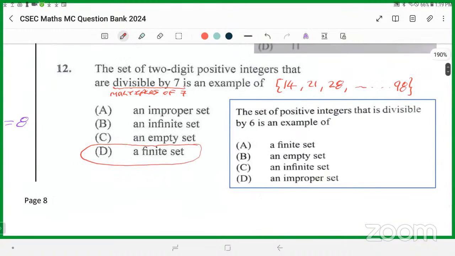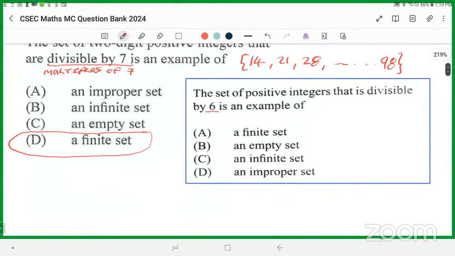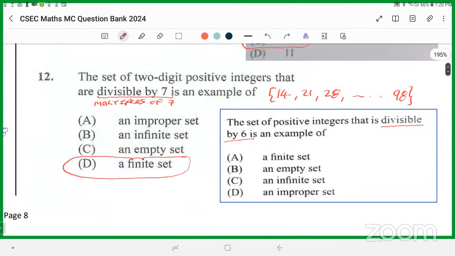This one now, the set of positive integers that are divisible by 6, is an example of an infinite set. Because this is now asking you for multiples. It's divisible by 6. And if you put a 7 here instead of a 6, you might think it's the same question, but it's actually a different question. So multiples of 6 is a non-ending set.